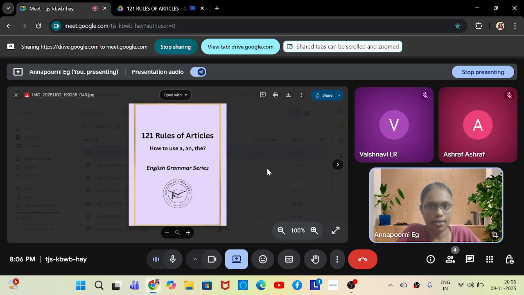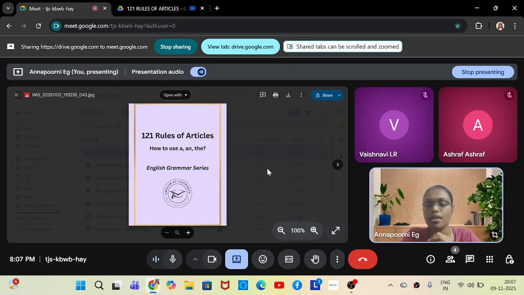There are three articles: a, an, and the. And articles are divided into two types, definite article and indefinite articles. One is a definite article, the other two are indefinite articles.